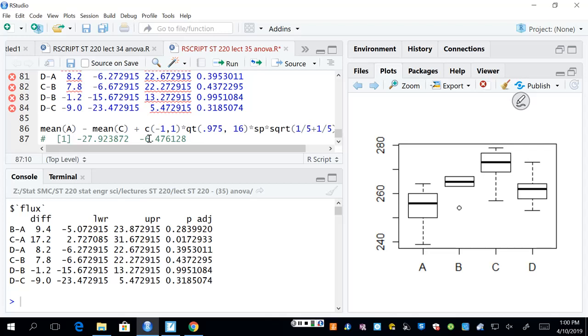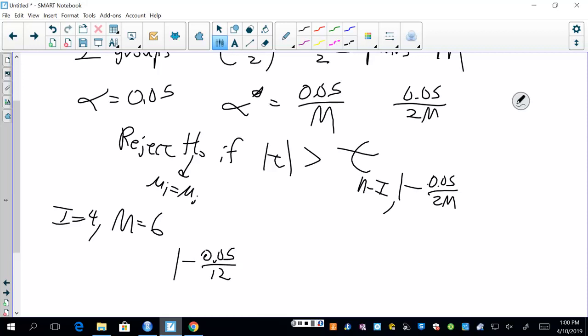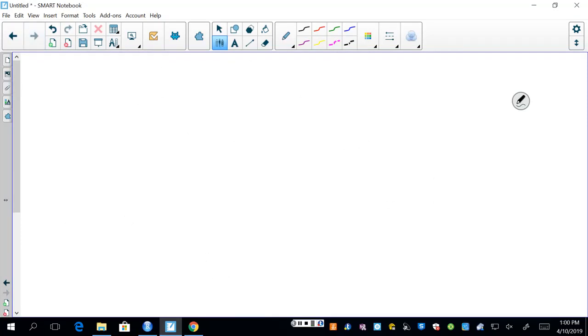The things then get interesting when you have something else. So the extensions: you can have two-way analysis of variance. So we're still interested in quantitative outcomes.